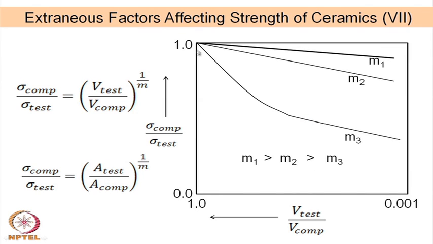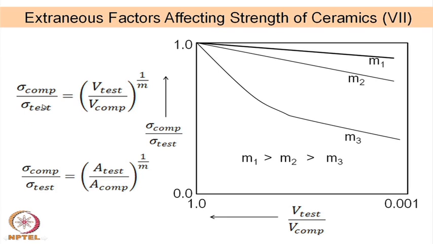This can be shown here in a Weibull modulus plot, where there are the ratios of the component size to the test specimen size. That means, if the actual size of the specimen is larger, a small test specimen has been taken out of that. The ratio of that gives you the volume ratio, the volume of the test specimen to that of the actual component.